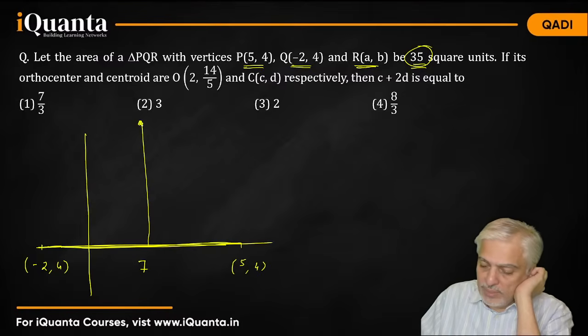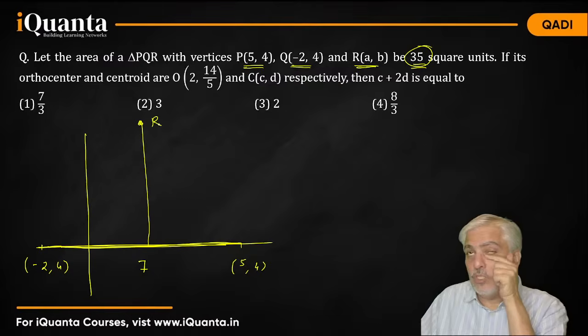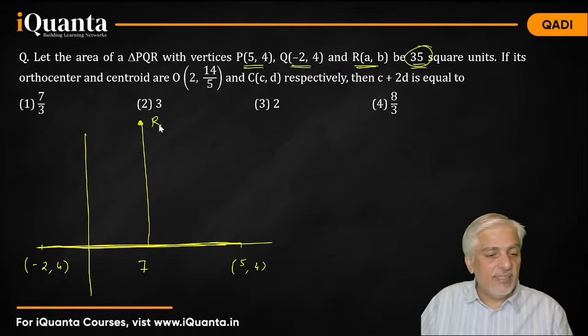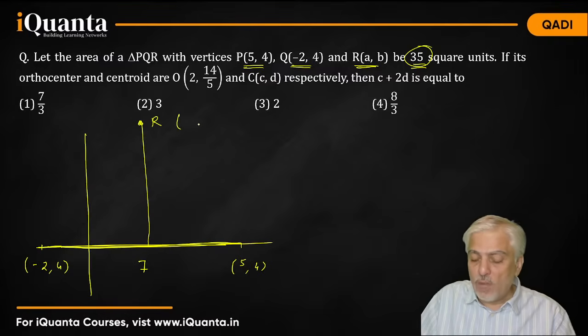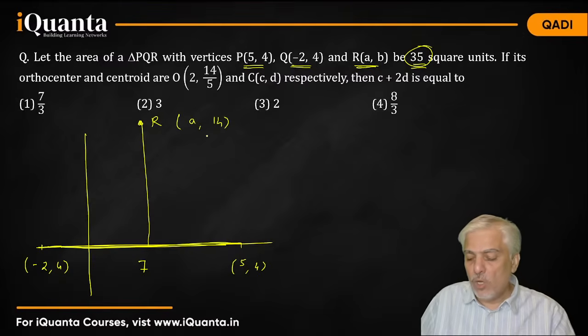So somewhere over here there will be R. What did we get R as earlier? We got R as 2 comma minus 6. Obviously, it can be on top also and bottom also. That will always lie. So R could be A comma 14, or if it is down, it could be A comma minus 6.